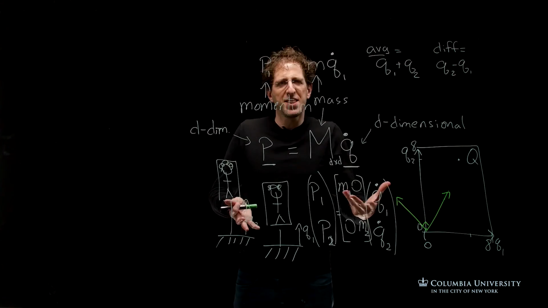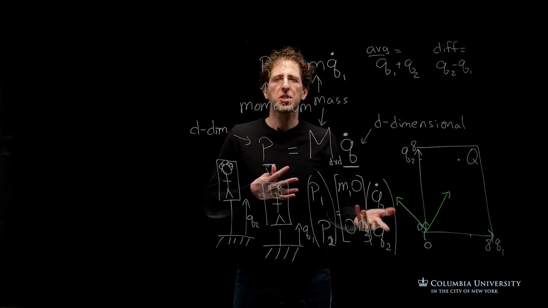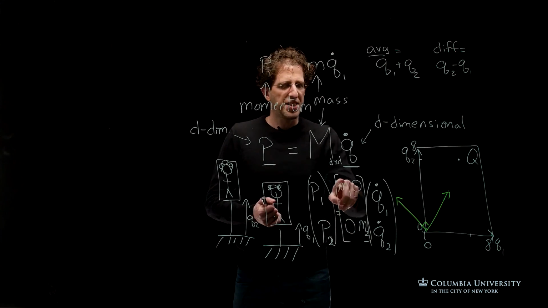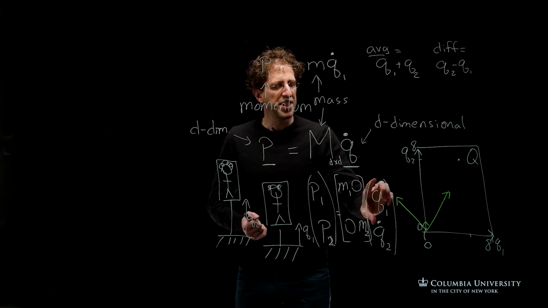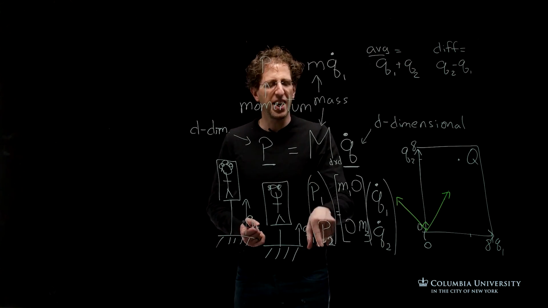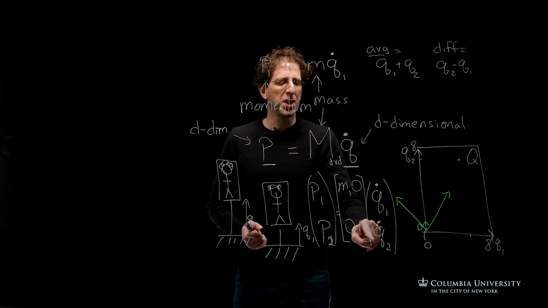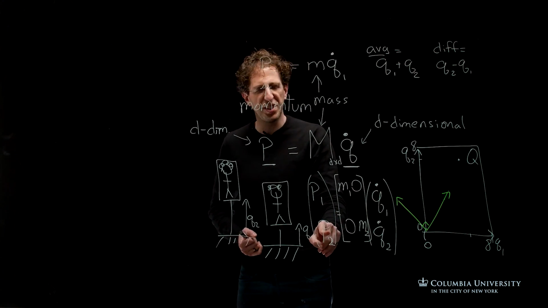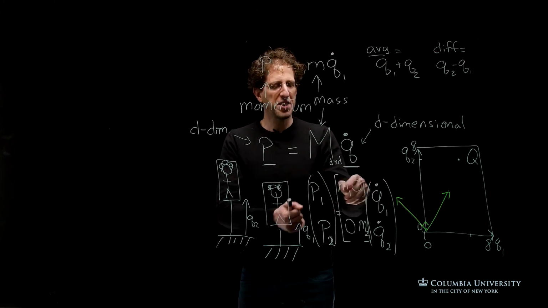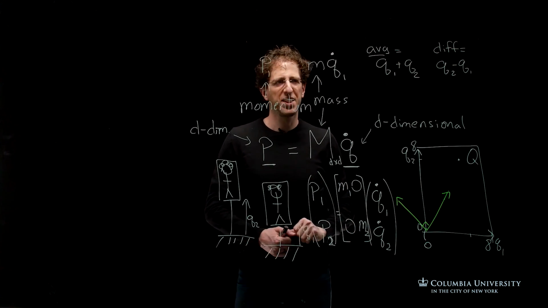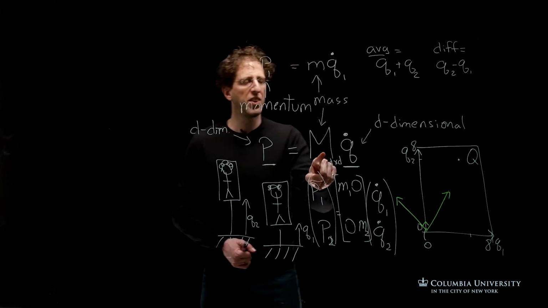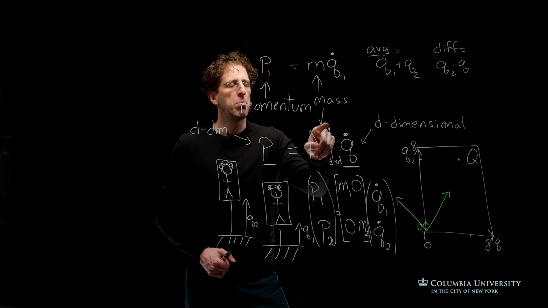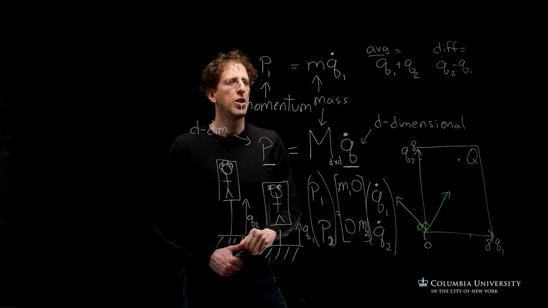So because any physical system can be described by different choices of coordinates, sometimes we need the generality that the relationship between the velocity and the momenta is not simply a relationship of each variable or each dimension individually, but that there can be crosstalk through these off-diagonal entries, which is why, in general, we write that the momentum is related to the velocity by some d by d matrix.